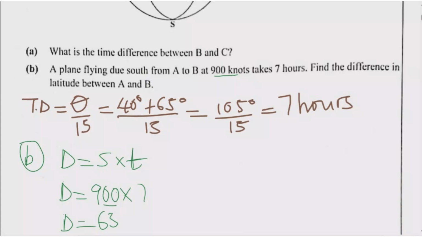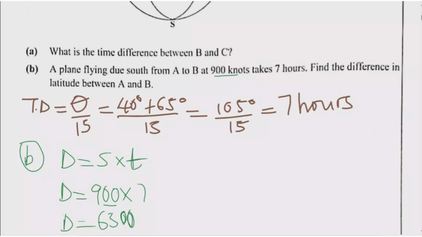I ignored 2 zeros, so I put them back on the product. The answer will be 6,300. Like I said, when speed is in knots, the distance is in nautical miles. So that is the distance.